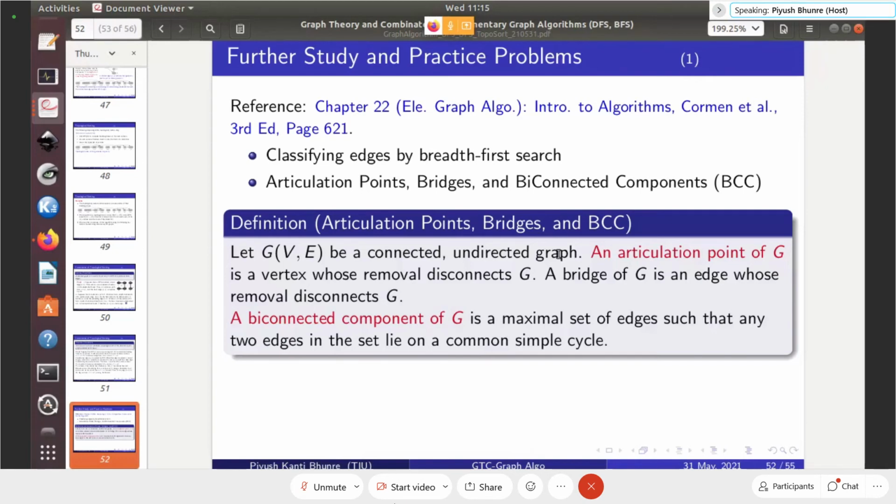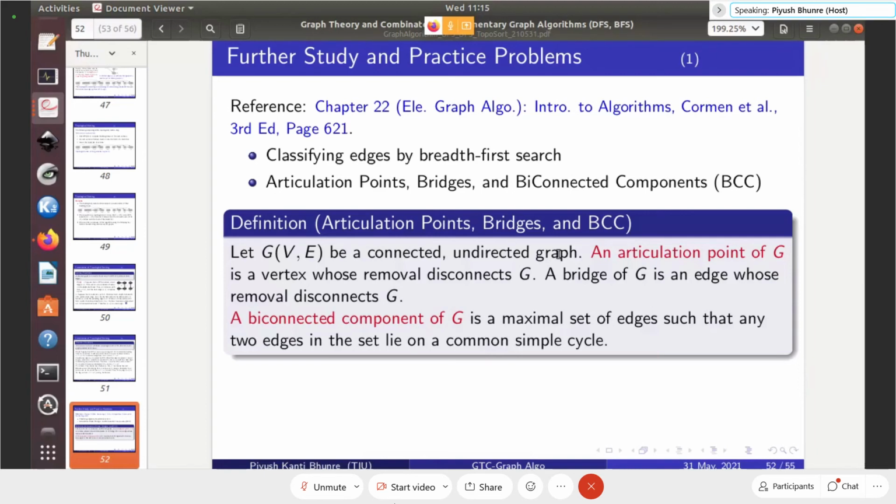If you look at your hand, your fingers are articulated. So an articulation point is basically a joint. You can think about a vertex like your arm: at the wrist there is a joint, there is an elbow, there is a shoulder. All those joints are basically articulations. Similarly in a graph, you can think about articulation points also.